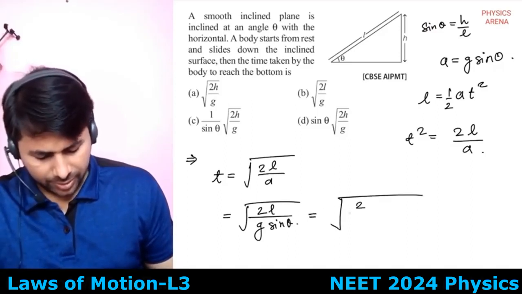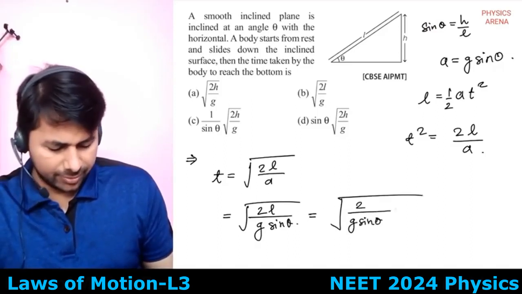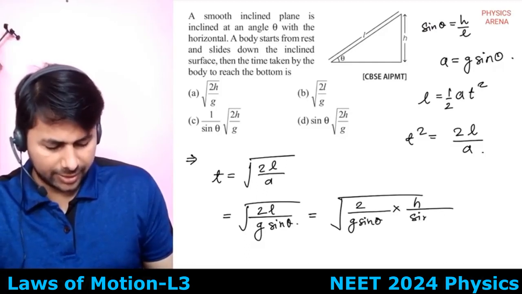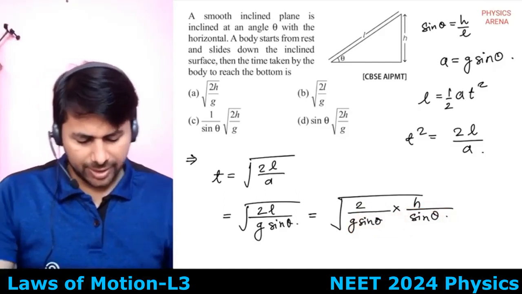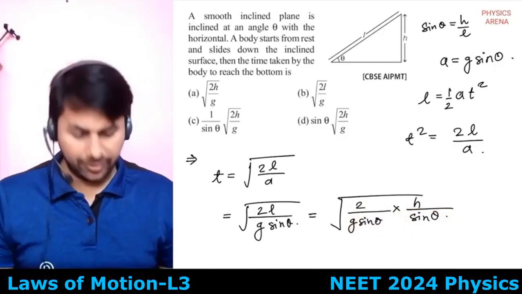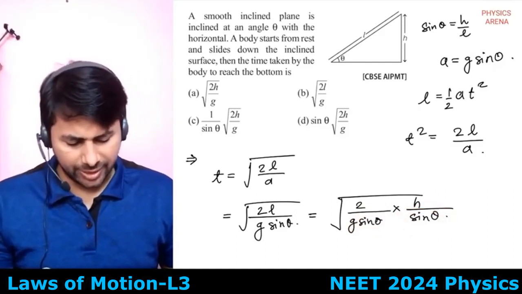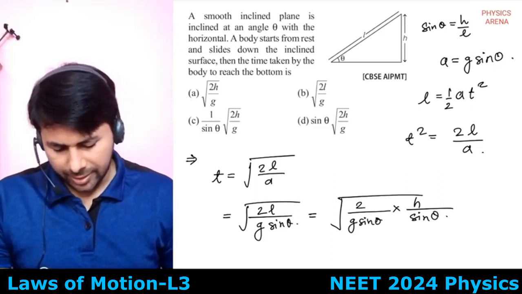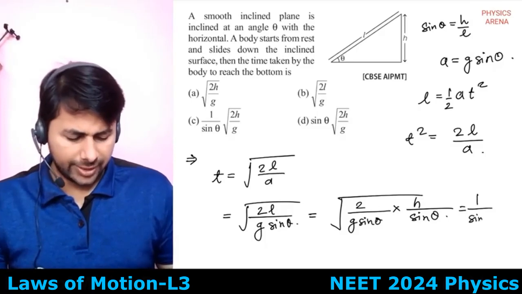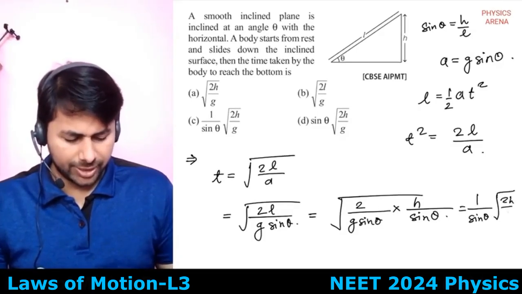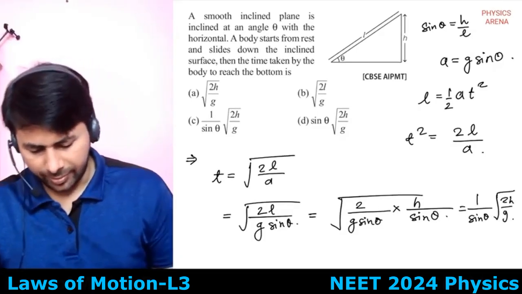So it is 2 upon g sine theta multiplied by H upon sine theta. So sine theta square will be there in the square root sign, and we can take it out. So option C: 1 upon sine theta multiplied by square root of 2h upon g.